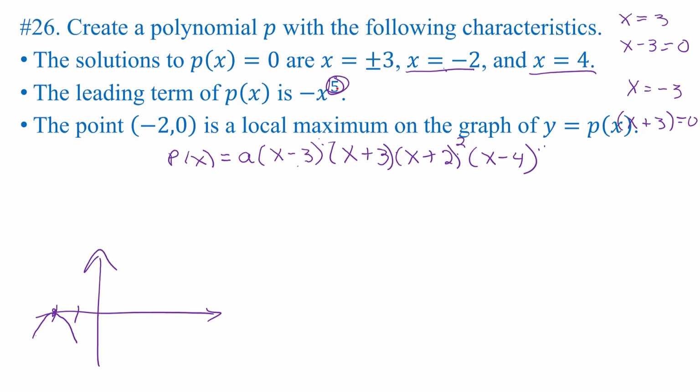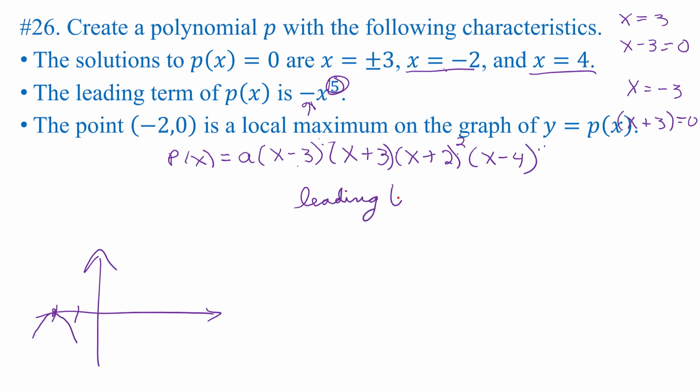Okay, the other thing we need to take care of, though, is that the leading term has a negative, that it's negative x to the 5th. So we need to figure out what a is. So I want to end up with a leading term. What would my leading term here be?